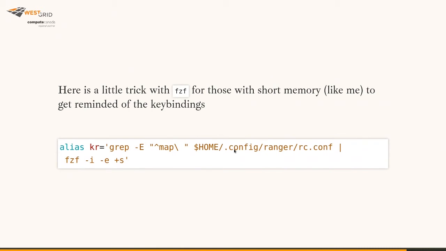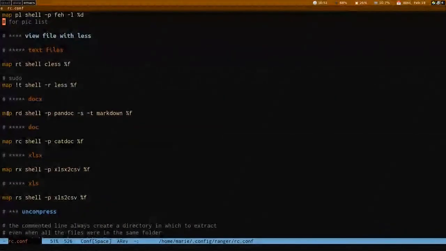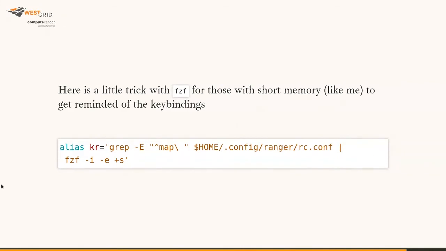So I am using the file that has the key bindings, in the case of Ranger, it's the rc.conf file. I am grepping the relevant lines. In this particular file, it's any line that starts with map, because map is the way to set key bindings for Ranger. And then I'm piping that into FZF with a few little flags.